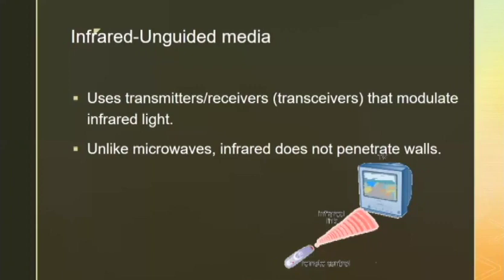For example, your TV remote control can't be used to control your radio, and the radio remote control can't be used to control your TV. These remote controls use infrared transmission.